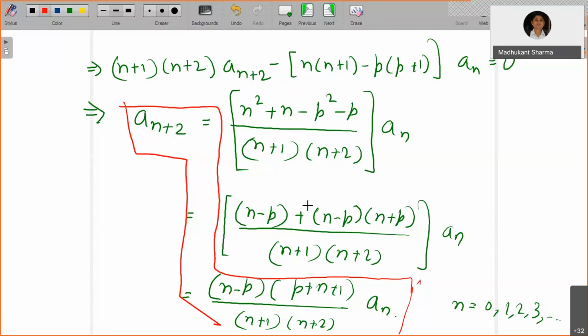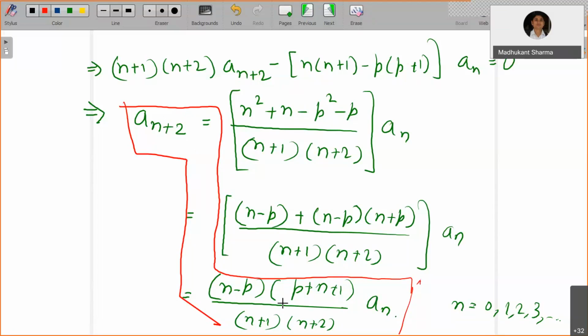Okay, right. So what you will get is a2 in terms of a0 and a3 in terms of a1. From n equals 0, it will give you a2 equals some constant multiple of a0, and a3 equals some constant multiple of a1.